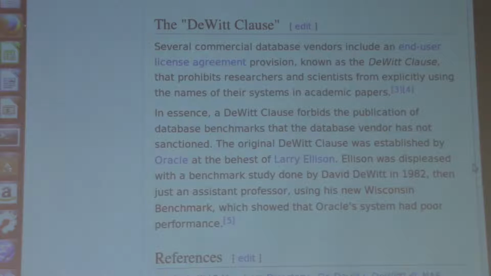Why? Because back in the 80s or 90s, this guy, David DeWitt, was a professor at Wisconsin. He published a paper and said, okay, I did this experiment, Oracle is this bar, this database is this bar, and my database is this bar. And Oracle obviously looks bad on that result. So the Oracle CEO, what's the Oracle CEO's name?